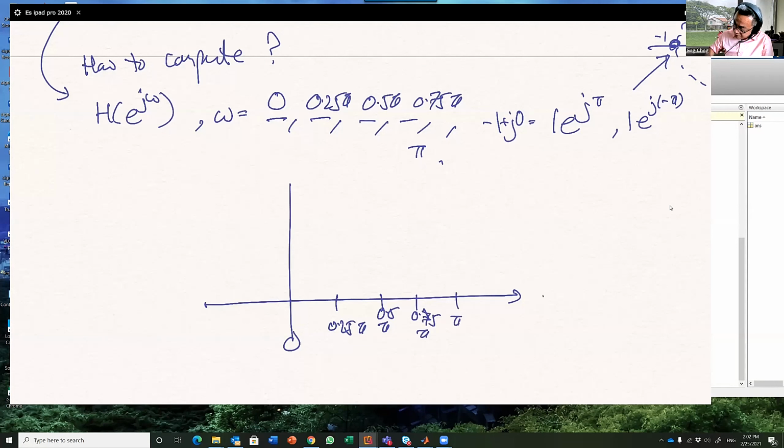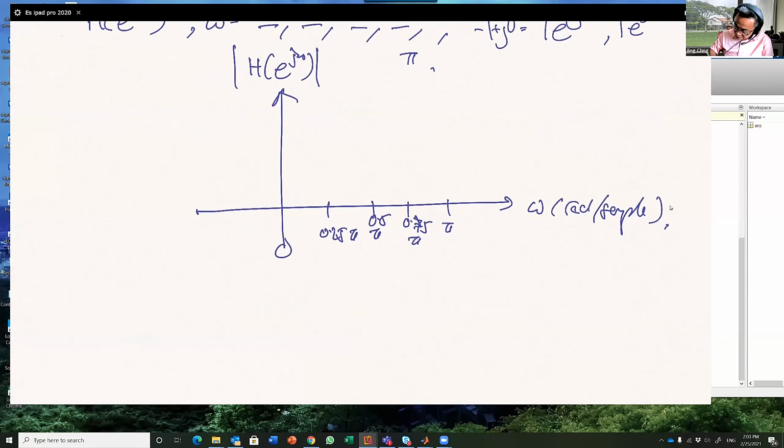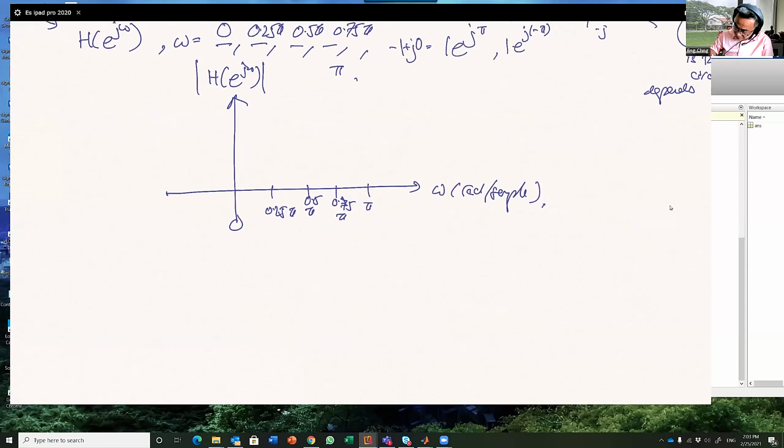This is ω in radians per sample, and this is H(e^jω). First, I will ask you to draw the magnitude. In the bottom figure, I will ask you to draw the phase.